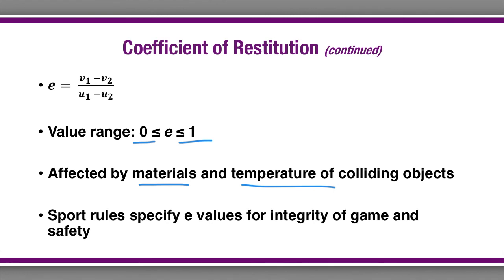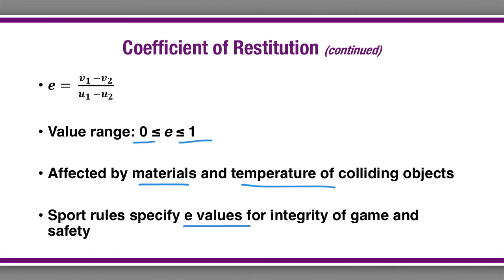And how this really applies to exercise science and sport in particular is that certain sports have rules that specify E values to maintain integrity of a game and to maintain safety. So if you think about turf fields, there has to be a specific coefficient of restitution between the turf grass itself, whether that's the amount of little rubber pieces within the turf, and athletes' cleats to maintain safety.